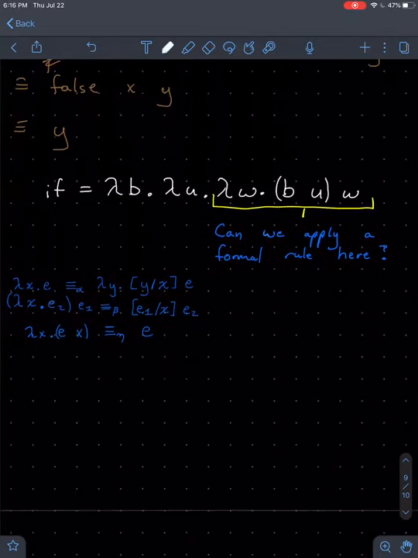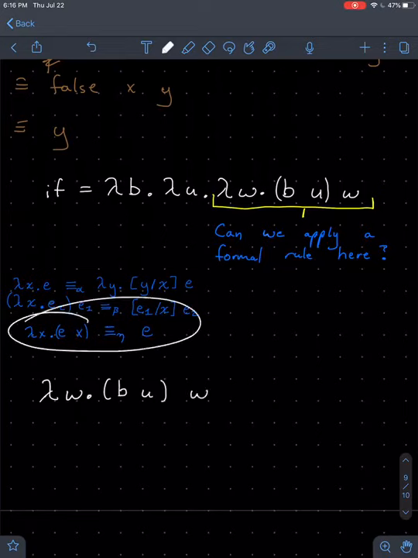And why? If I copy over lambda w dot bu w, I can do an eta conversion, right? I have the last argument and the lambda, they match each other. So then I can just get left with an e. So let's do that conversion.